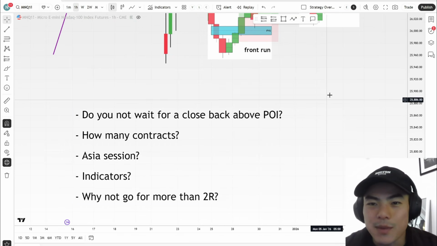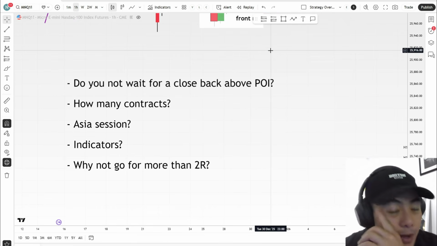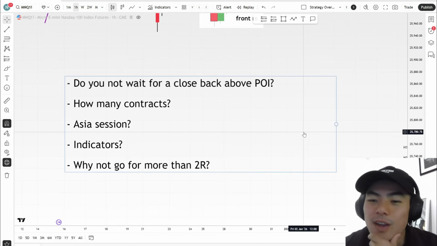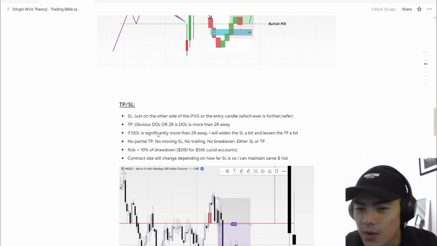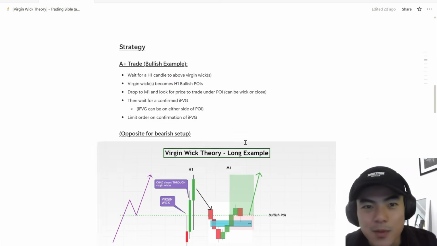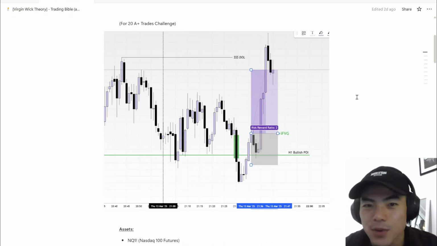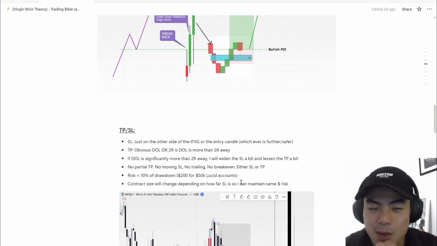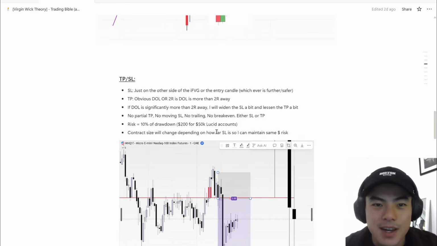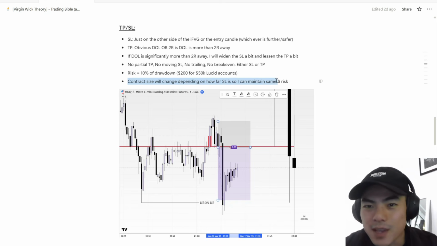Another question I got was how many contracts? The contract sizing is irrelevant. Let me pull up the document. All right, so this is my trading Bible, which some of you may have seen. It's just got everything, pretty much the whole strategy in one document. Assets, sessions, strategy, examples, take profit, stop loss. And here I've got contract size will change depending on how far the stop loss is so I can maintain the same dollar risk.